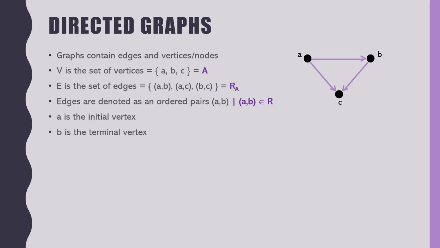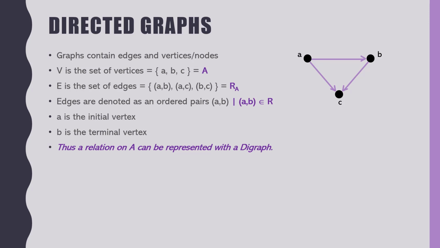Well, now I'm calling the set V instead of A, right? That's all. And then the edges, that's the set of the relation. What's the relation? Well, it's the pairs A, B, A, C, and B, C. This is the same stuff we've done before, right? And then notice that all those ordered pairs, A, B, are an element of the relation, and that should be a little subscript A there, okay? Make sense?